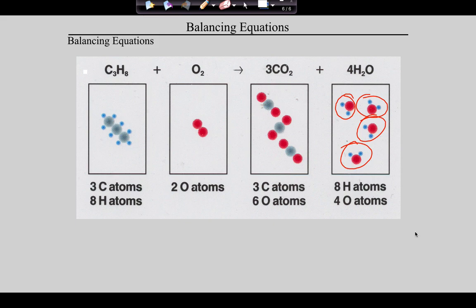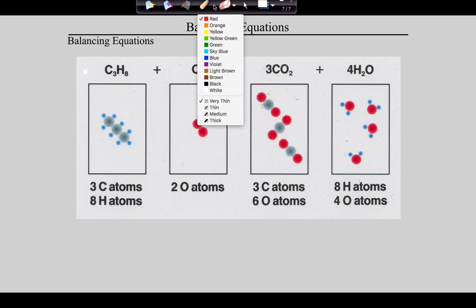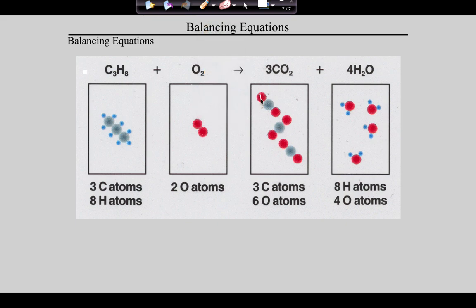So now guys, all we got to do is the oxygens. How many oxygens do we have going in? Well, we've got 2. Now guys, be careful. How many oxygens are coming out as products? 6 and 4, 10, right? So look, and I need to switch colors, we've got 1, 2, 3, 4, 5, 6 there, but then we've got 7, 8, 9, and 10 oxygens there.